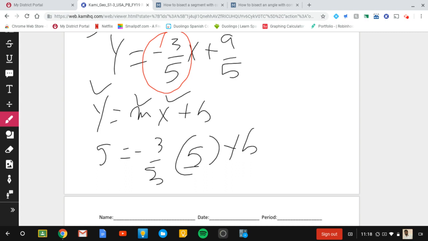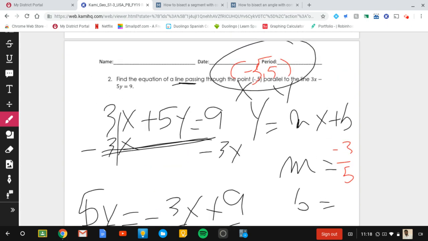A lot of you guys struggle with this because you're not sure what to do. What you want to do is multiply across. Multiply this, multiply that. When you do that, you should end up with 5 is equal to negative 3 times, is that a 5 or a negative 5?